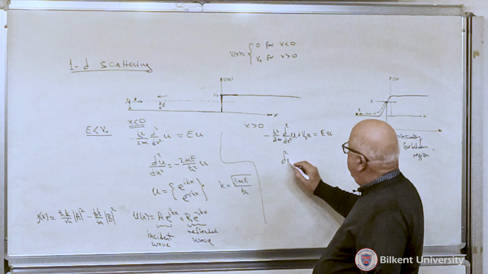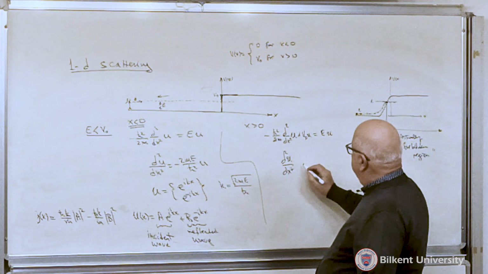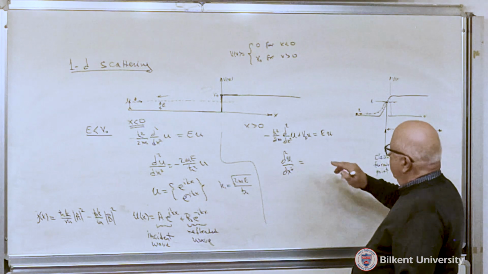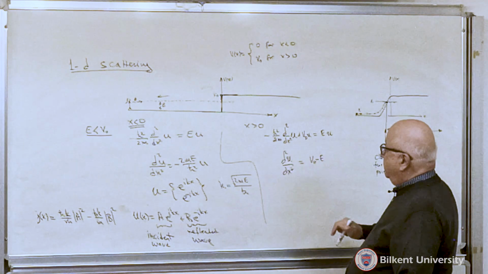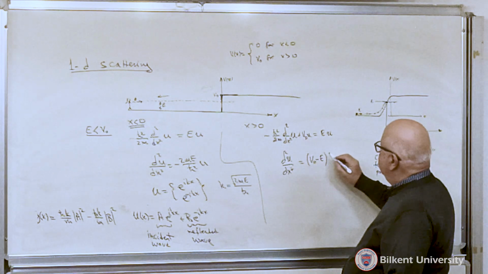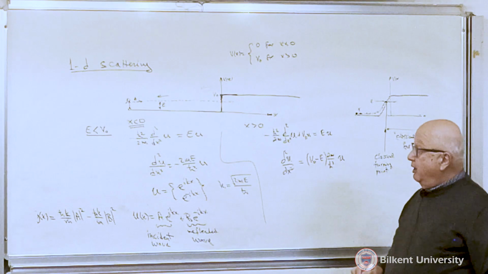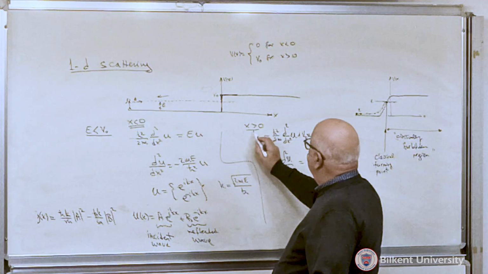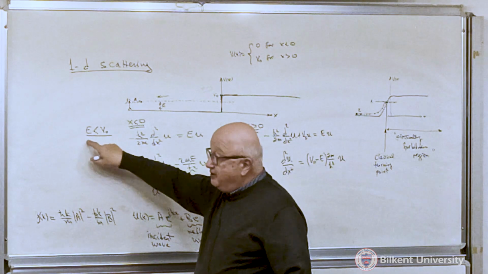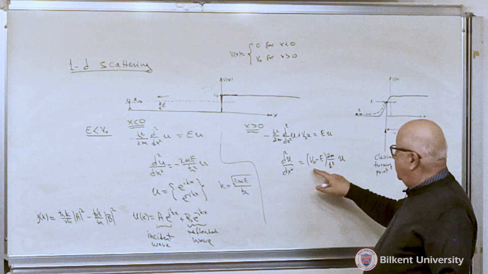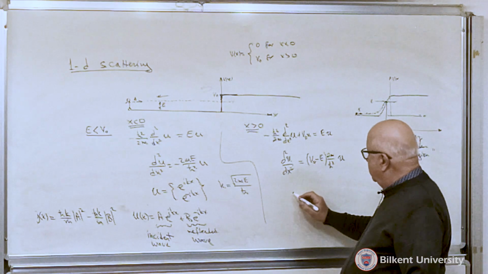I'm going to get d squared u dx squared equal to V0 minus E, if you keep track of the minus signs, times 2m over h bar squared u. And remember that for x greater than 0, I have V0, and V0 is greater than E. So this is a positive quantity. So what are my solutions?